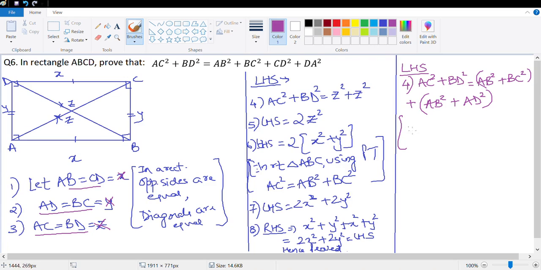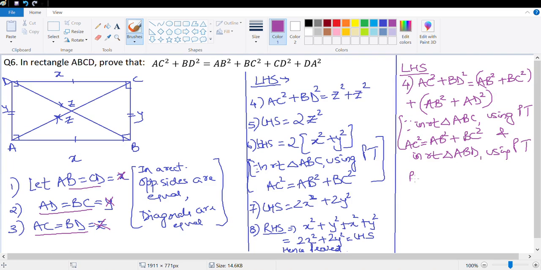Since in right triangle ABC, using Pythagoras theorem, I get AC square is equal to AB square plus BC square, and in right triangle ABD, using Pythagoras theorem, I get BD square is equal to AB square plus AD square. So that's the reason why we've been able to write AC square as broken up into AB square plus BC square, and we've written BD square broken up into AB square plus AD square.